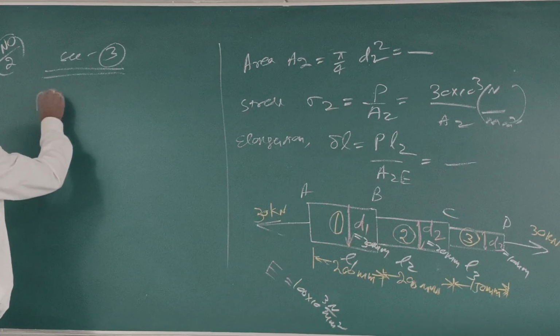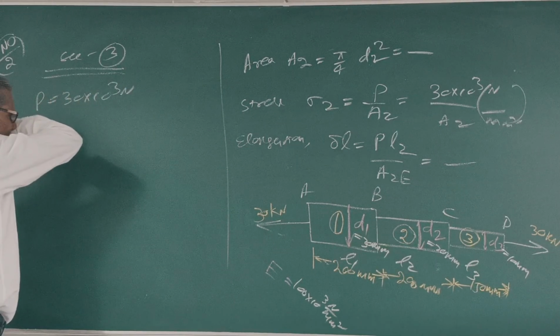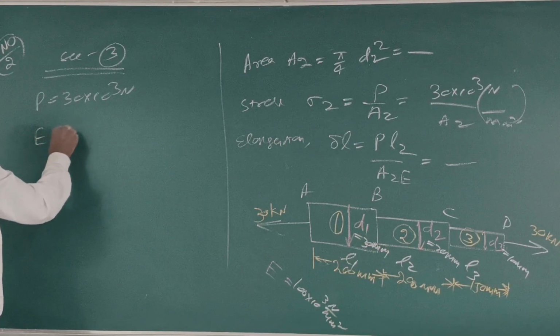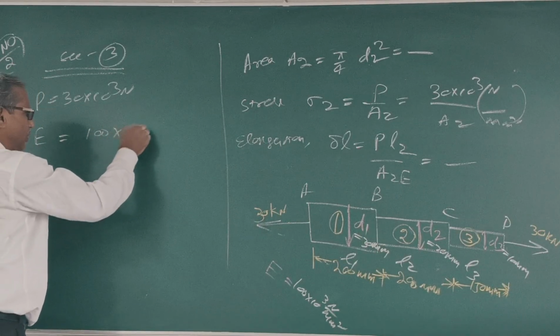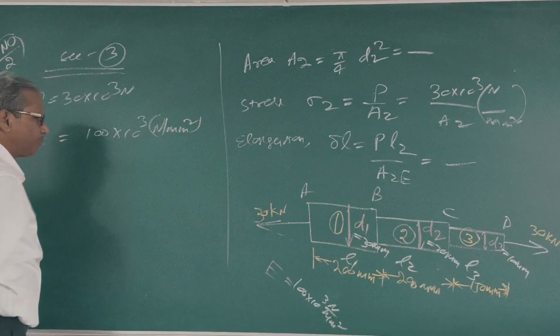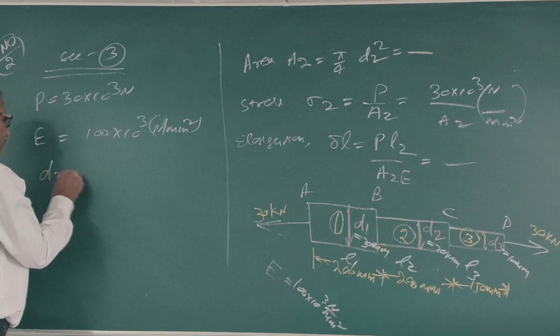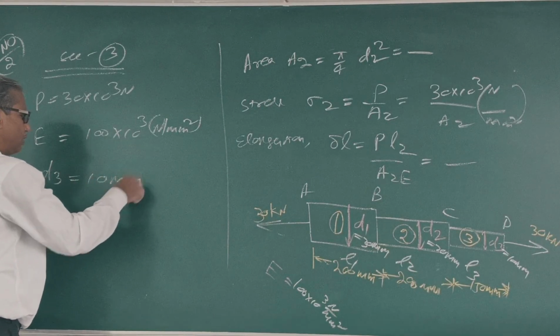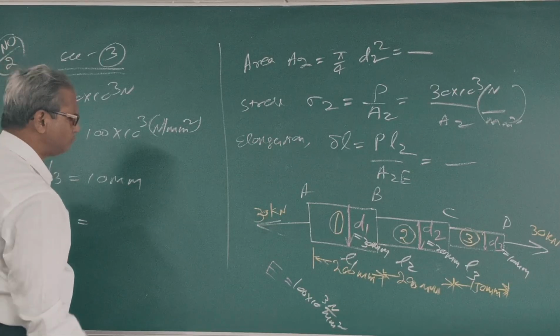Same, 30 into 10 to the 3 Newton. E is also the same, 100 into 10 to the 3 Newton per mm square. D3 is 10 mm. Clear? L3, what is L3 equal to? 150 mm.